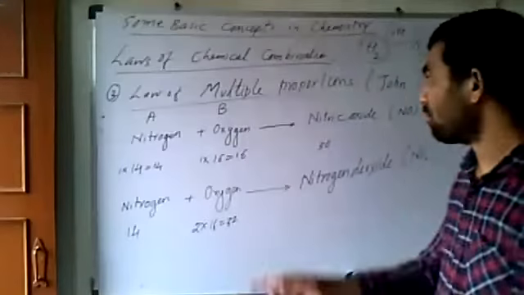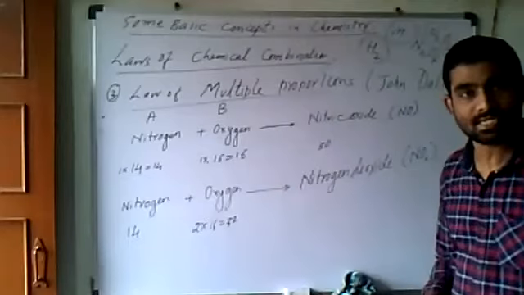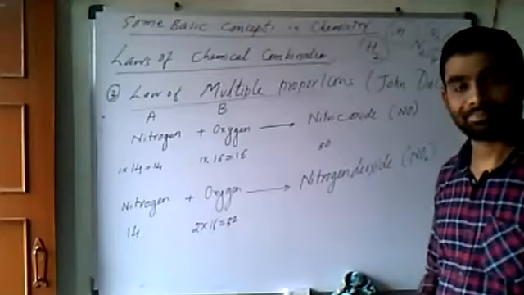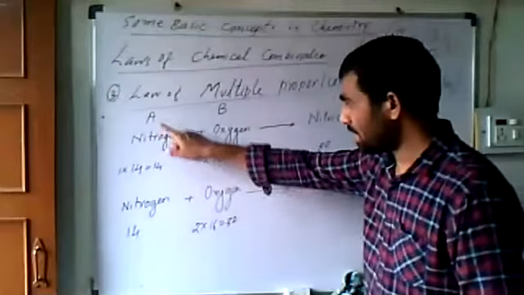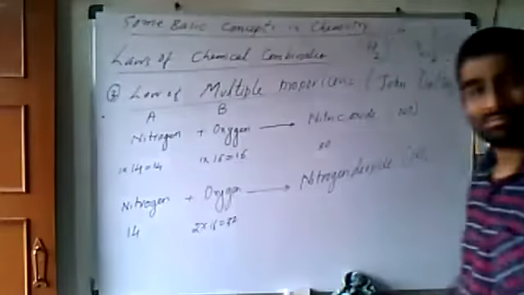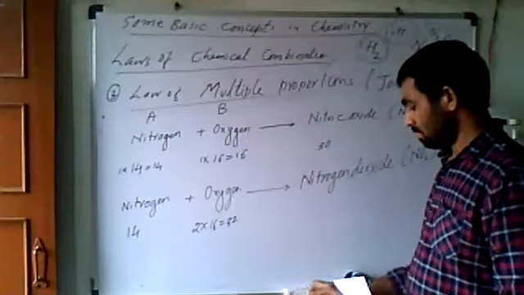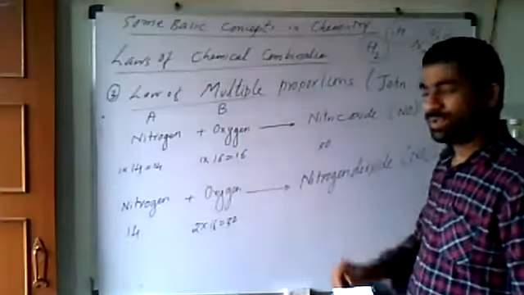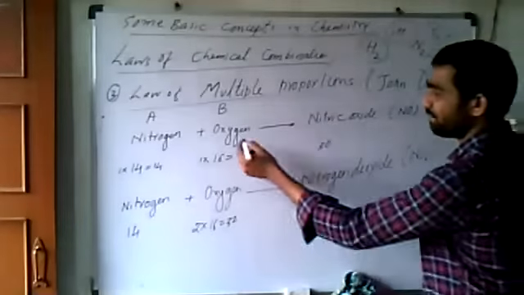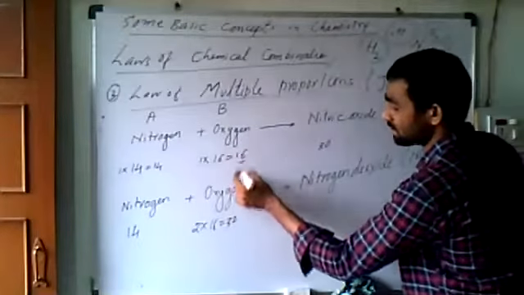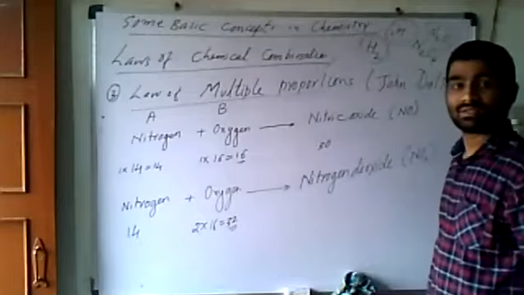Now apply the law of multiple proportion of John Dalton here. See, the mass of A is constant, 14, 14. But here the mass of B is not constant. Here we have only one oxygen, so 16 mass, and here 32 mass.